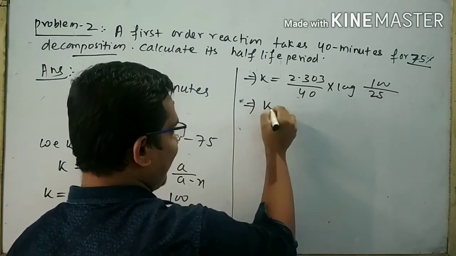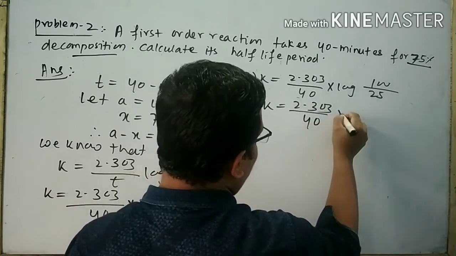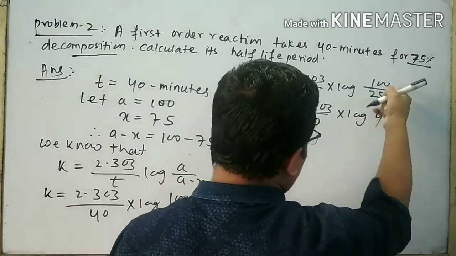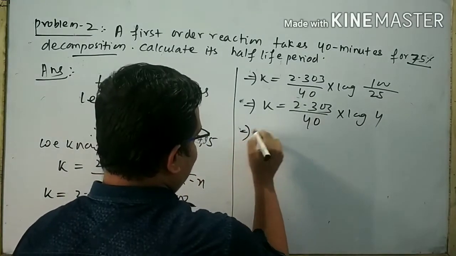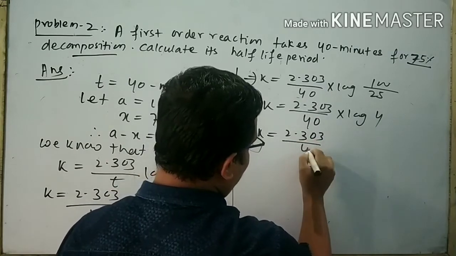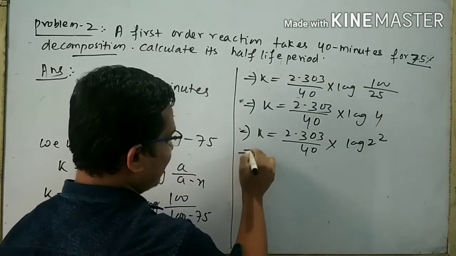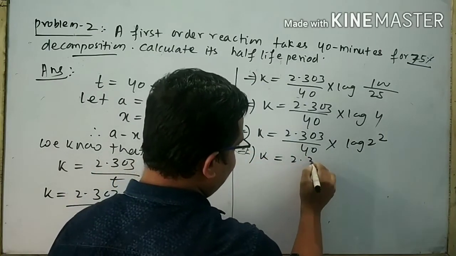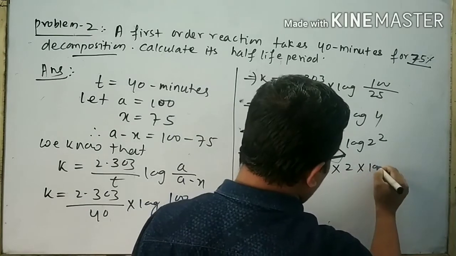Now I can write K is equal to 2.303 divided by 40 into log 4, because 100 by 25 is 4. Next, K is equal to 2.303 divided by 40 into log 2 square. That means K is equal to 2.303 divided by 40 into 2 into log 2.